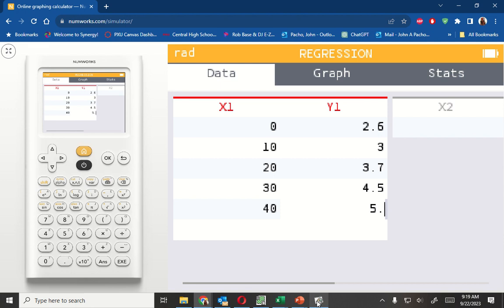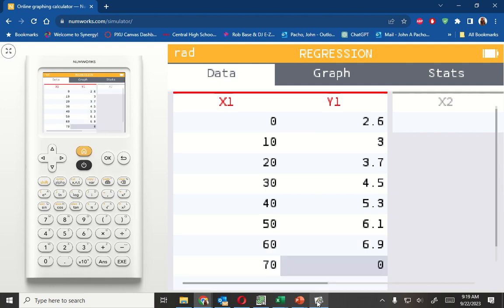Okay. 50 years. 6.1. Then 60 is 6.9. And then 70 is 7.5. There you go. 7.5.